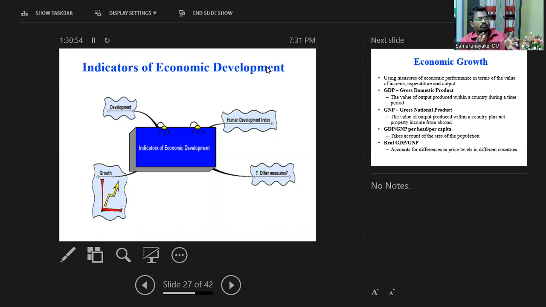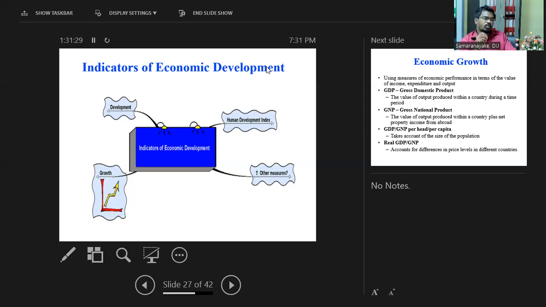It's a more multi-dimensional concept, since we discussed development. And then we even have other measures, so we'll see what the other measures are. Usually these 4 dimensions are the indicators that will reflect economic development. Now we'll focus one by one and see what these indicators are.